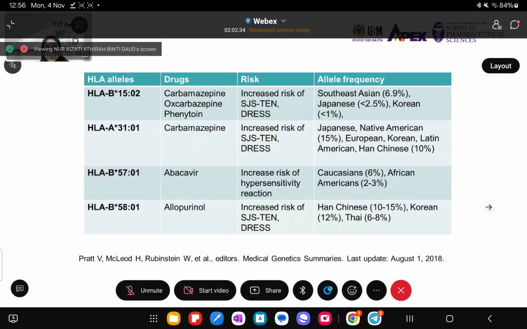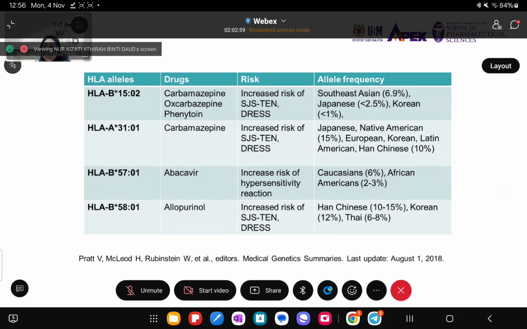Alright. So this is a summary. HLA-B 1502, the drugs that are important are carbamazepine, oxcarbazepine, phenytoin. The risk is increased risk of SJS, TEN and also DRESS. DRESS is, I forgot what is the full term.